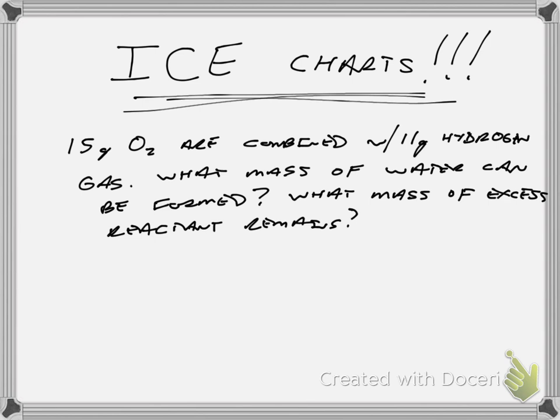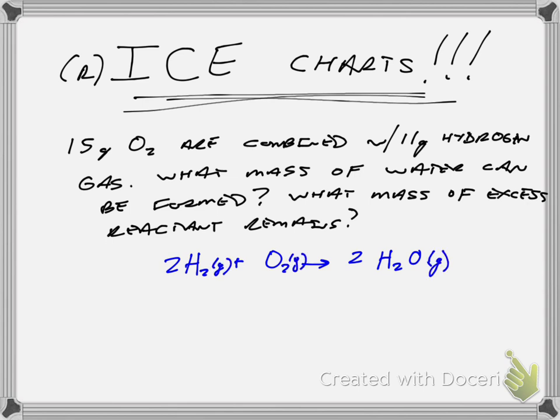And so the first thing I'm going to do, some people call ice charts rice charts, because the first thing you want to do is write the balanced chemical equation of the reaction, which in this case, of course, is hydrogen gas and oxygen gas forming H2O gas. And I'm going to harp on you guys to include your states of matter in all of your balanced chemical equations, because that'll be super important later on.